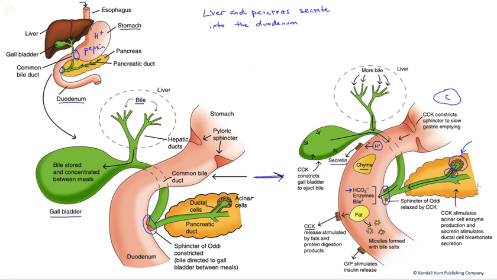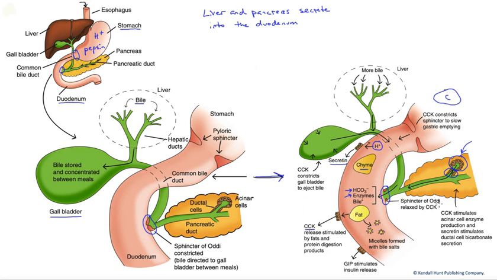And so we're going to get a whole variety of enzymes now for every nutrient type, essentially. Carbohydrases for carbohydrates, proteases for proteins, lipases for lipids, even nucleases for nucleic acids like DNA and RNA. And so we're going to release that whole myriad of enzymes and have dramatic digestion of all nutrient types in the duodenum here.